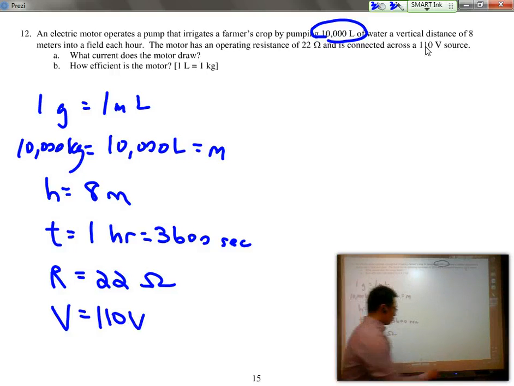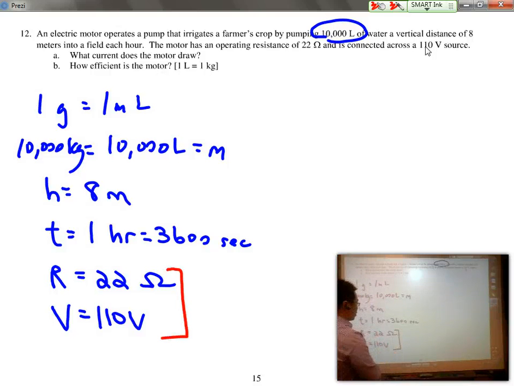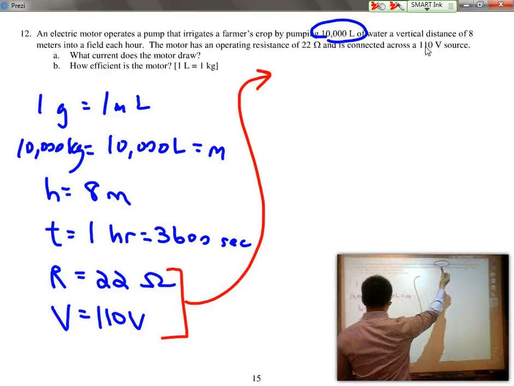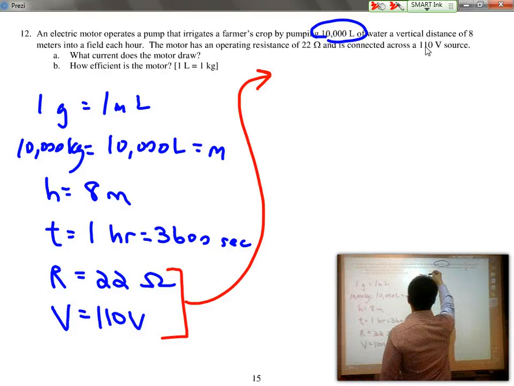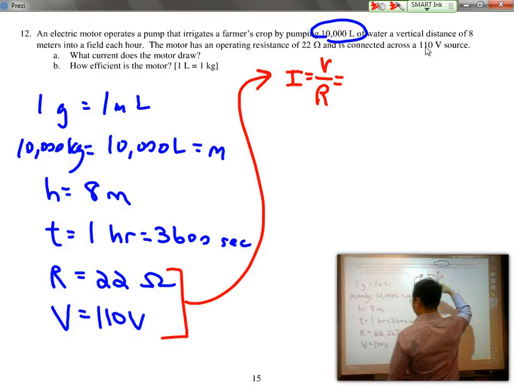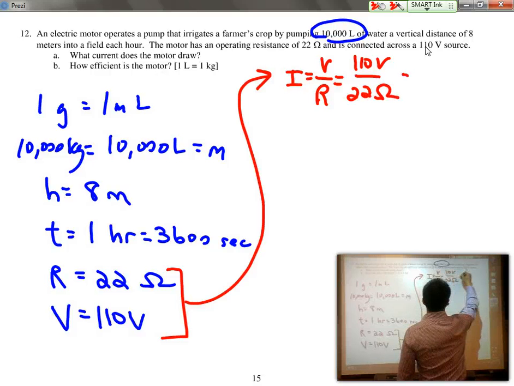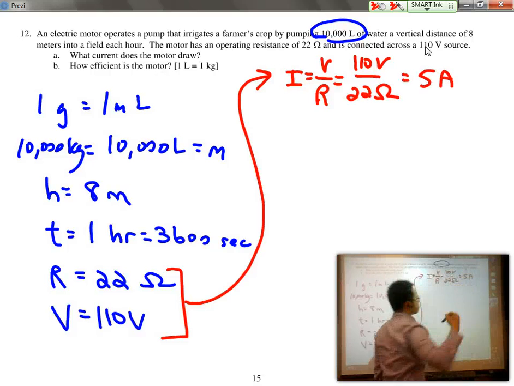Okay. The first question they ask, how much current does the motor draw? Well, we can solve for both current and the power actually. I would be equal to V divided by R, which is equal to 110 volts divided by 22 ohms, which is equal to 5 amps.